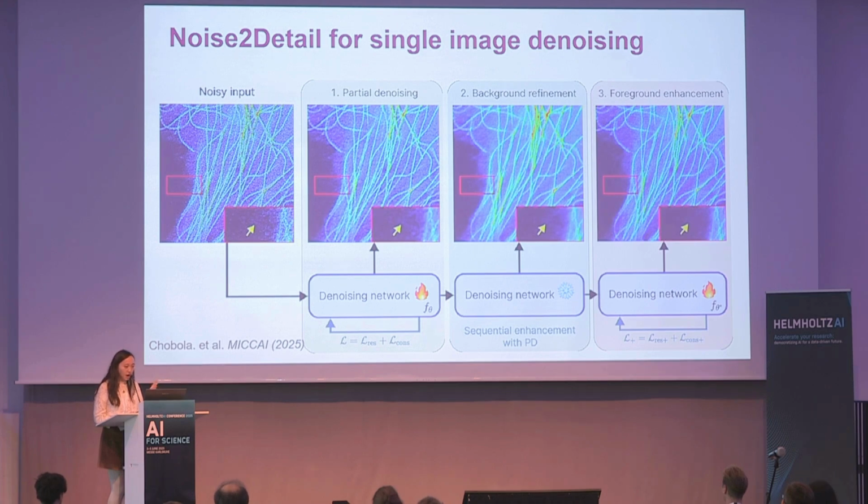And the output, or the training target, is the noisy input, which has all the structure information. In this way, he can recover the structure from the noisy image. And at the end, you don't have a problem on the background, you don't have a problem on the foreground, and it's all fine.